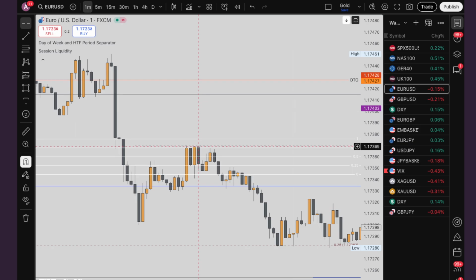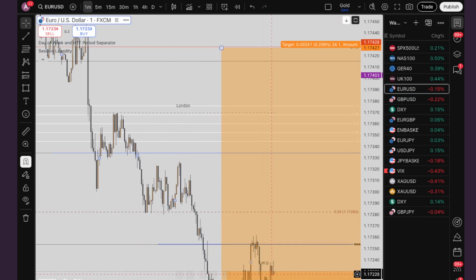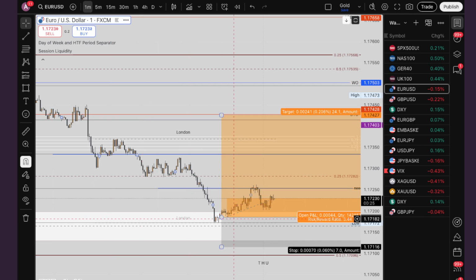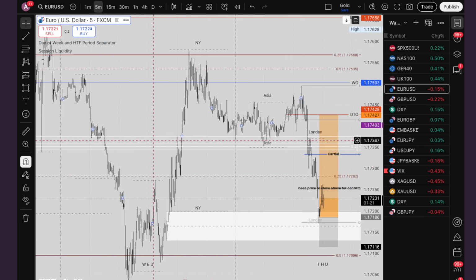When it doesn't want to go above this right now, okay? Even though there's a wickless candle over here, and then price comes out, retests, and now it has engineered liquidity. So this is new week opening.